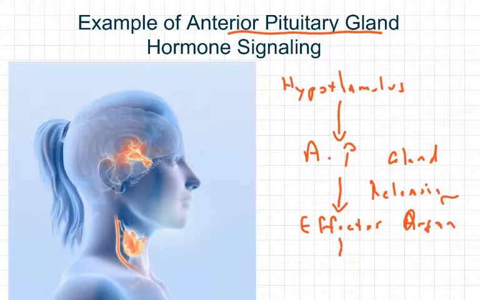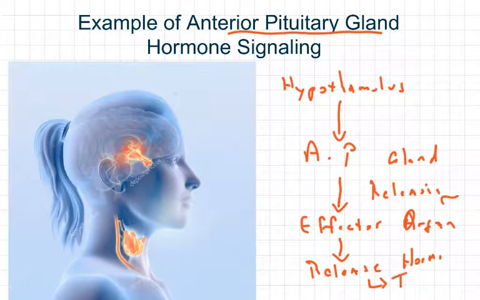Then that in turn releases another hormone that then typically works on the target tissue. So most of the hormones that come out of the anterior pituitary gland are part of a multi-step process.